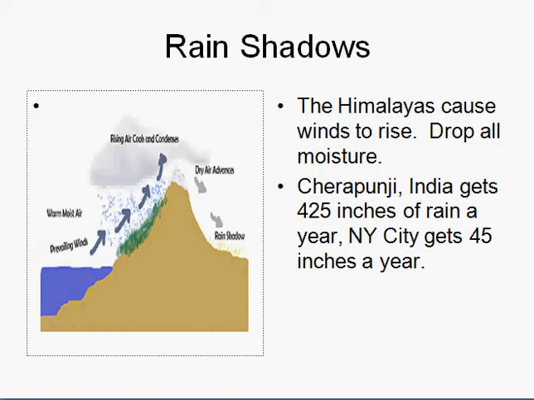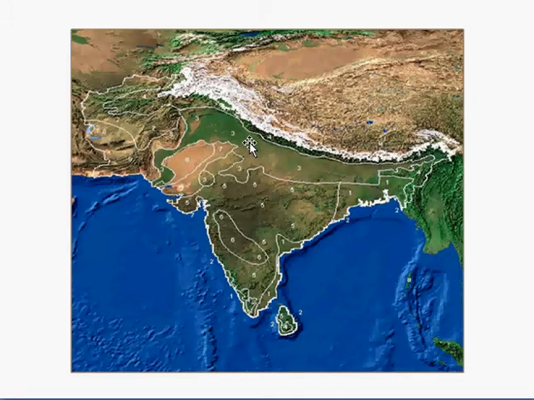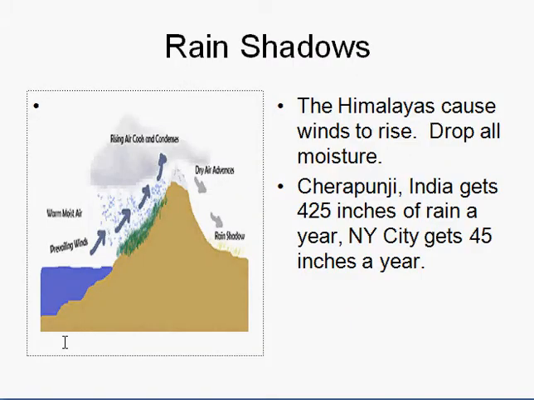In this region here, they're going to get a lot of rain because the summer monsoons come, hit the mountains, and have to go up over them, and it drops a lot of moisture. And in this area over here in China, the Gobi Desert, it ends up very, very dry, because of these summer monsoons and the effect of the rain shadow.